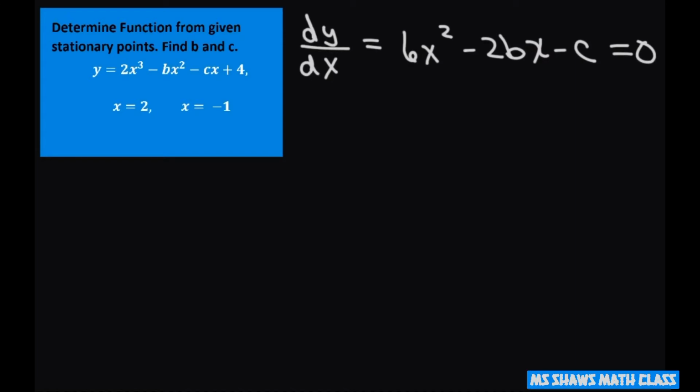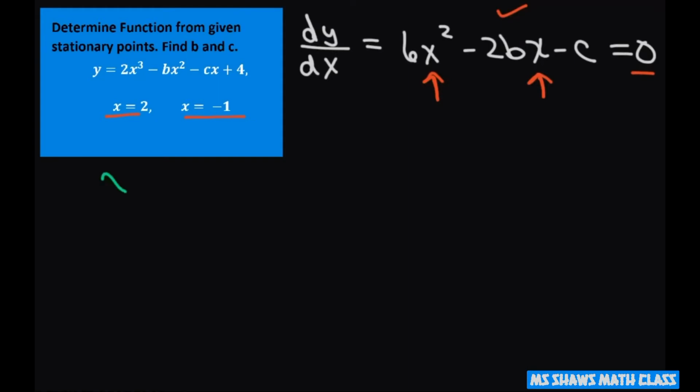What this means is that if we had factored this, we would have got our stationary points, x equals -1 and x equals 2. But since we already have those, we know that when we plug in 2 for x, we should get 0, and when we plug in -1 for x, we should get 0. So that's what we're going to do.